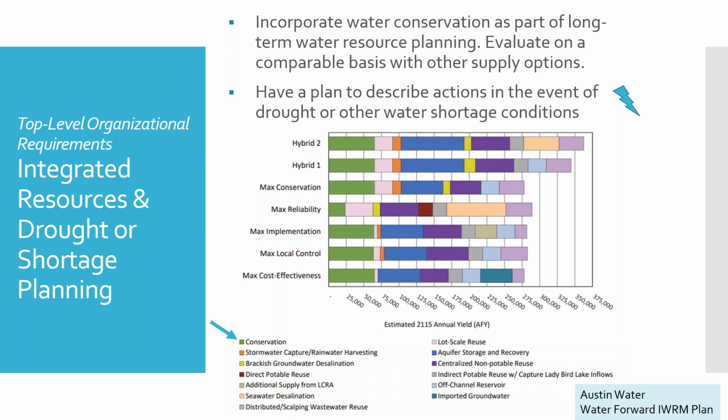And you can see it's the green in this bar, because I don't expect some of you can read all the different text at the bottom, but the green is the water conservation. And you can see in each of the 7 scenarios here that it is a pretty big chunk of most of them. So conservation can be important in getting to water supplies.